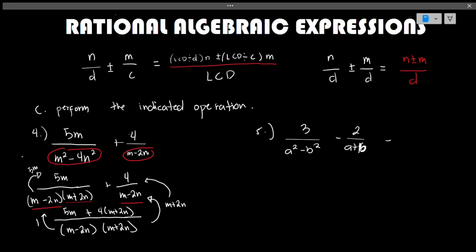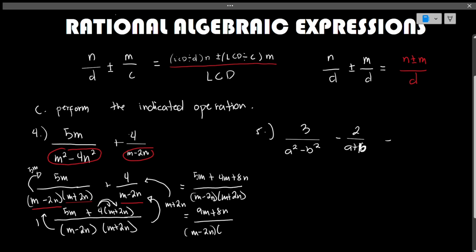Okay, and let's simplify our rational algebraic expressions. We have 5m plus 4, distribute 4 to your parentheses, so we have 4m plus 8n all over m minus 2n times m plus 2n. Next, after this, simplify: 5m plus 4m is 9m plus 8n all over m minus 2n times m plus 2n.